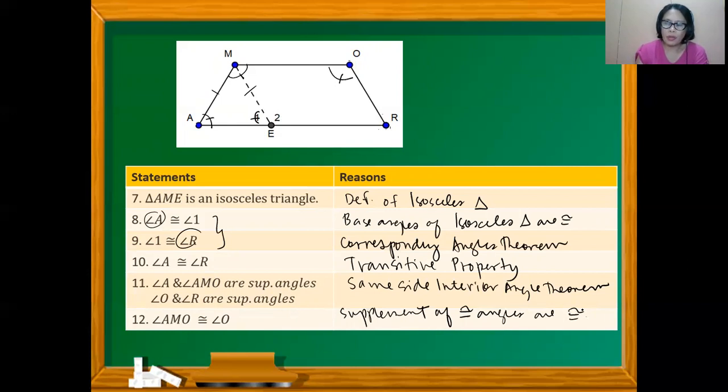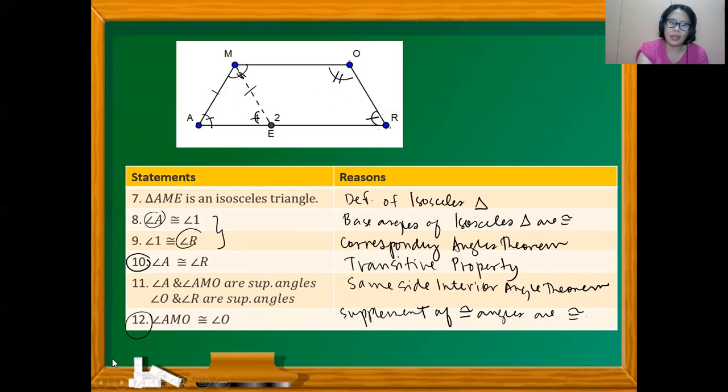Since we were able to prove that this pair of angles are congruent as well as this one, A and R are congruent, as well as this one to this, and the two are base angles.